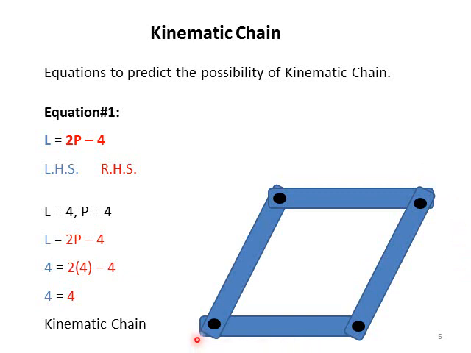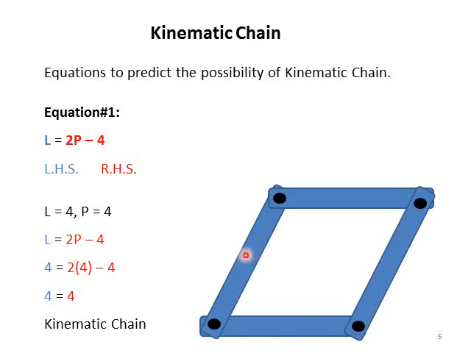and the motion will be constrained motion. This means if any of the links moves, for example if this link moves, then the other links will move too.